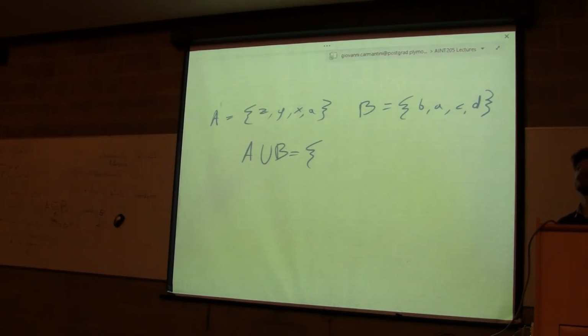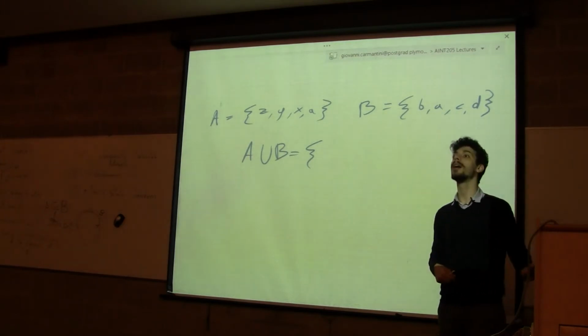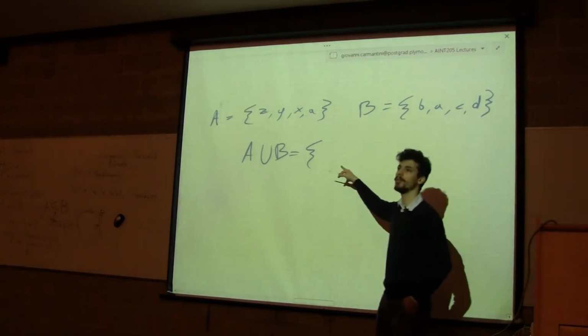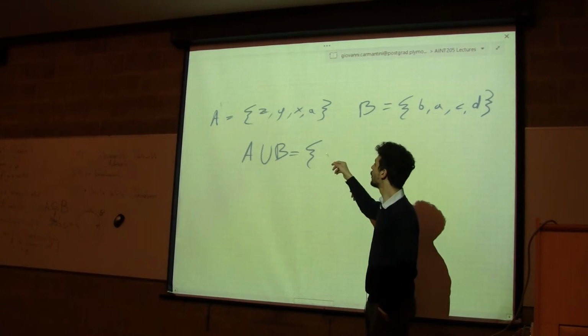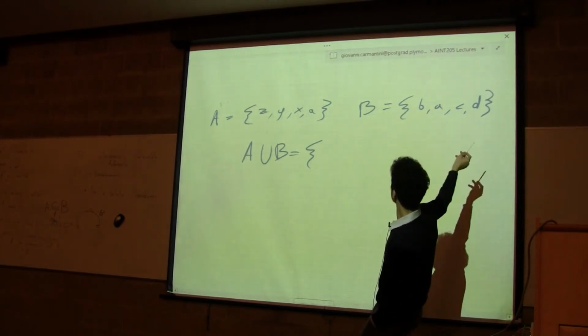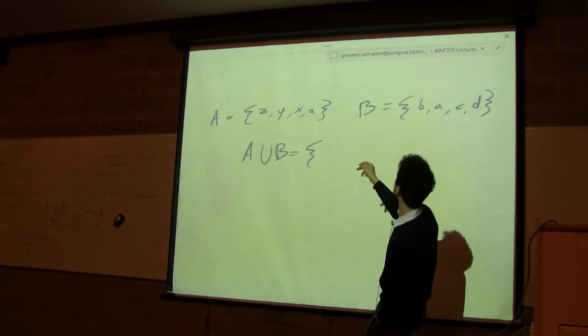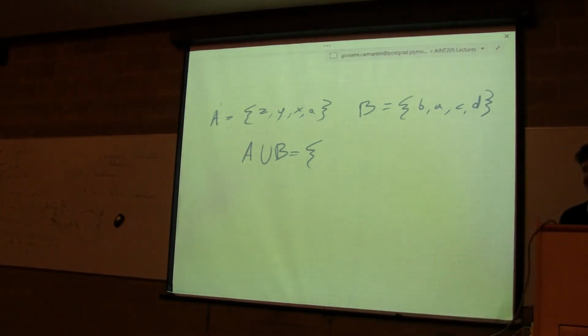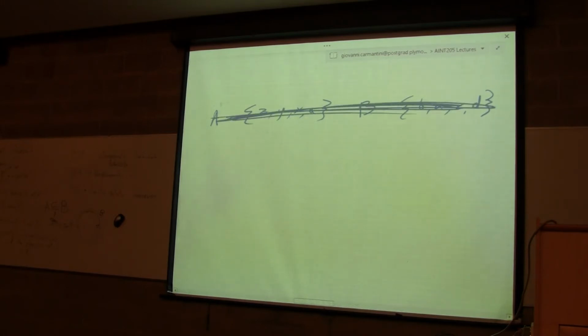Sorry, can you repeat? I couldn't hear that. So what are the elements of A union B? A, B, C, D, Z, Y, X. Exactly. So even if you didn't hear it, it's exactly what was said. I guess we're okay with it.